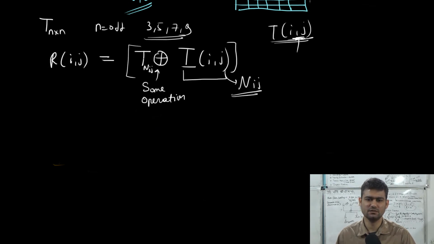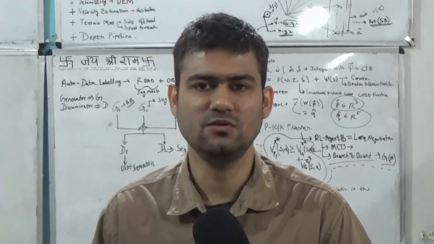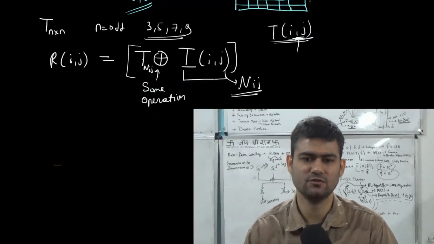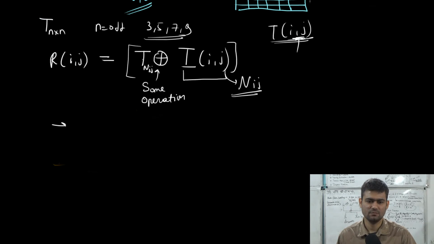But the filter, and the kind of operation it is applying, doesn't depend on the value of the pixels. So these are the two assumptions that we discussed earlier as well, that we are going to discuss filters that are spatially independent. So we are going to use spatial independence.